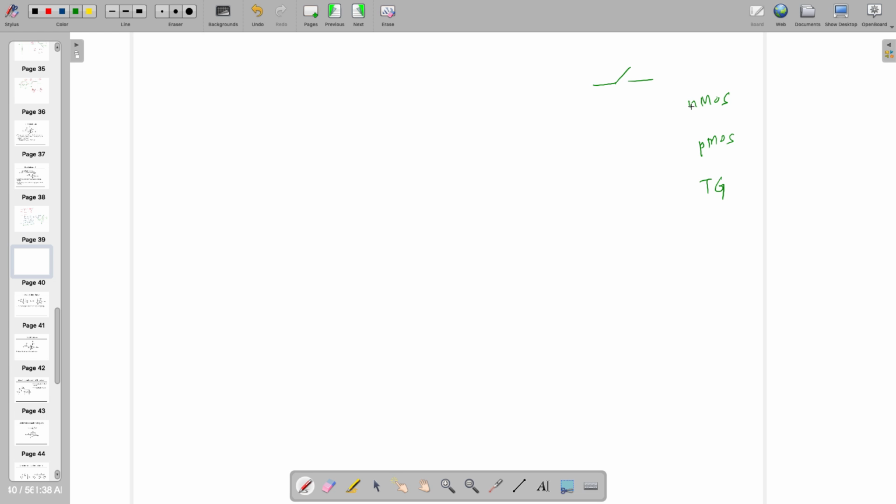When should I use NMOS? When we have connected one end with ground, one end with the lowest potential. If this side is low potential, then you can use this one.